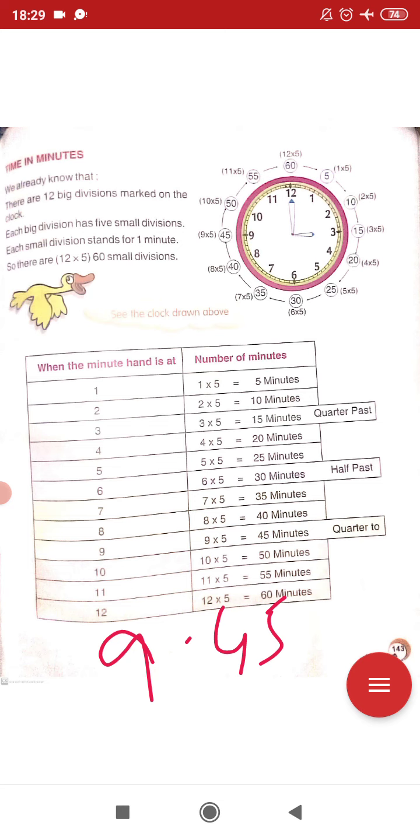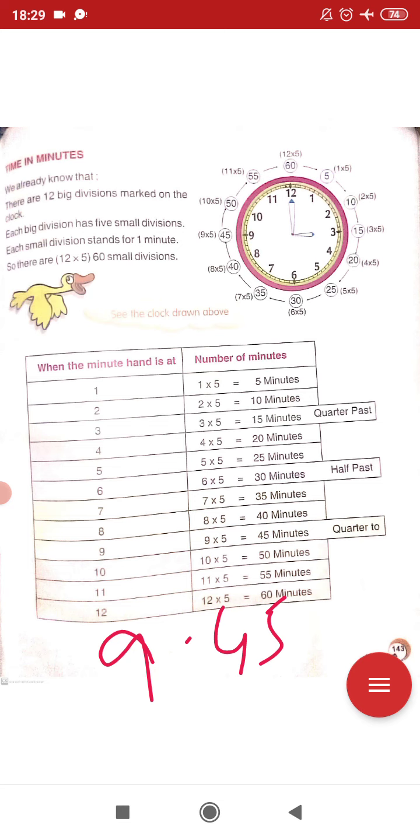So 45 जब होगा तो उसका, जब मिनट नंबर 45 होगा तब तुम्हें क्वार्टर टू दिस टर्म यूज़ करना होगा.